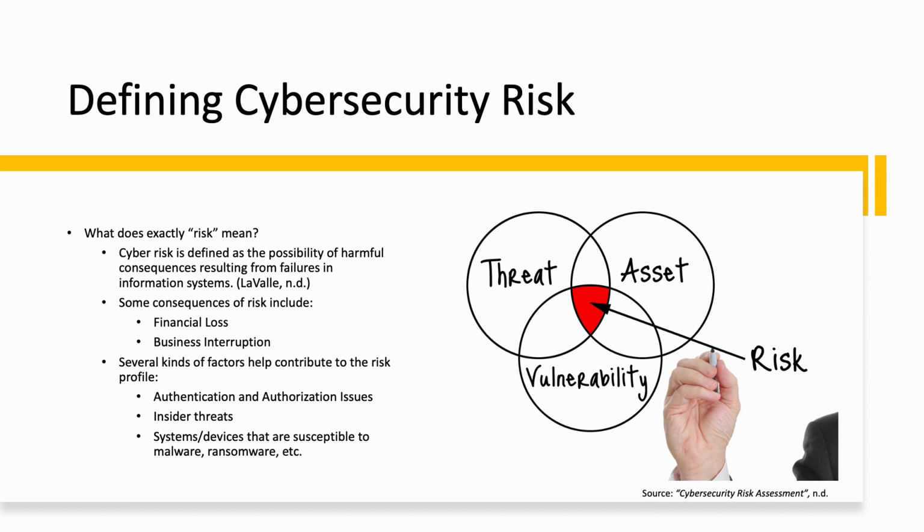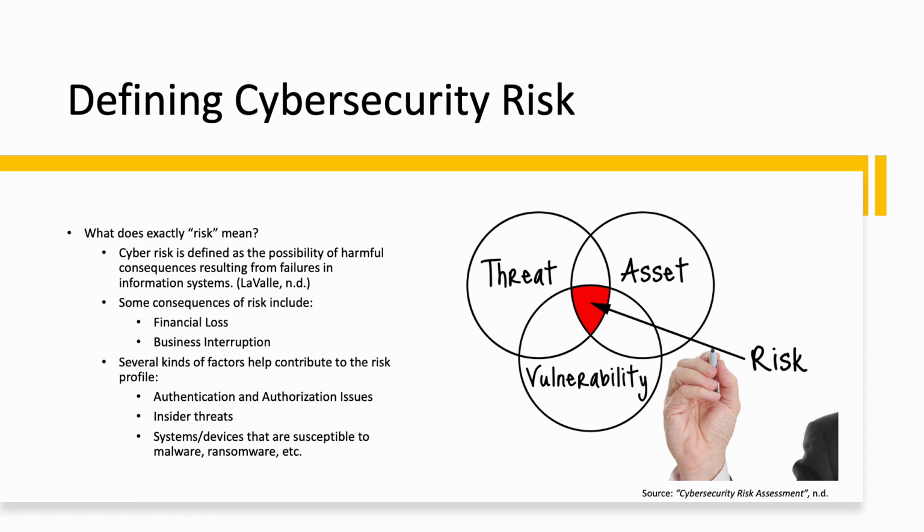So in this slide, we're going to talk about defining cybersecurity risk. So what exactly does risk mean in cybersecurity? Well, according to LaValle, cyber risk is defined as the possibility of harmful consequences resulting from failures in information systems. Some of those consequences include financial loss and business interruption, or interruption of the business critical processes.